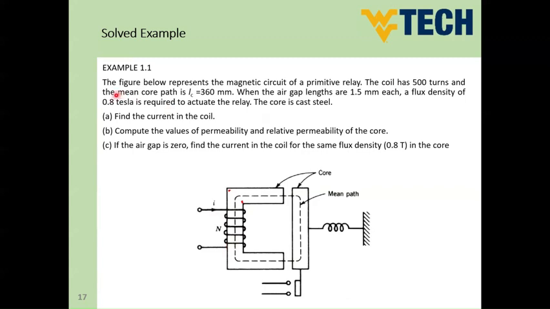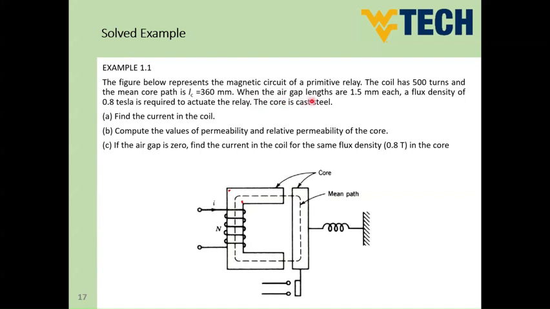And the mean core path is L core equals 360 millimeters. So the average length of the magnetic path through all the magnetic or core parts equals 360 millimeters, including the C shape and I shape.